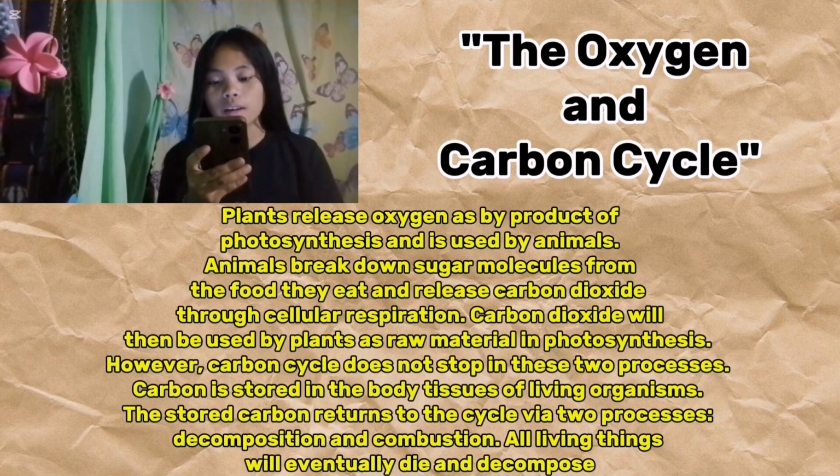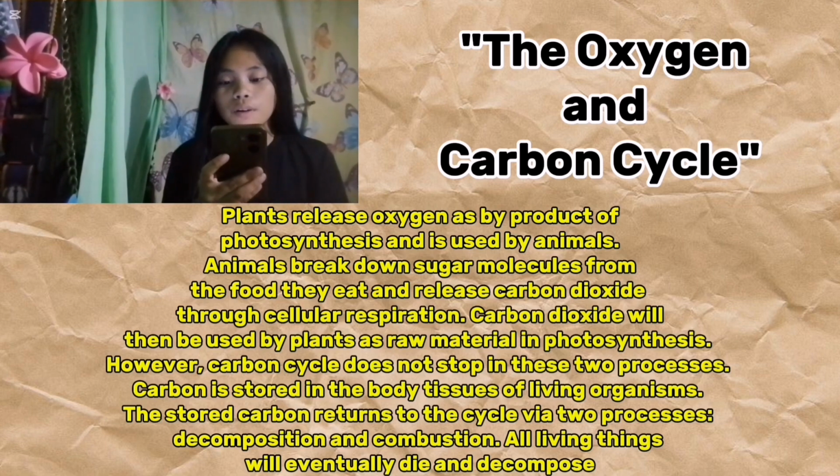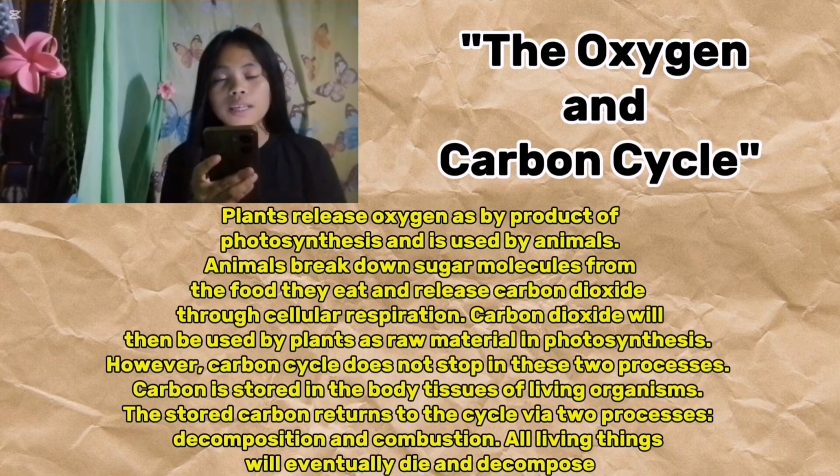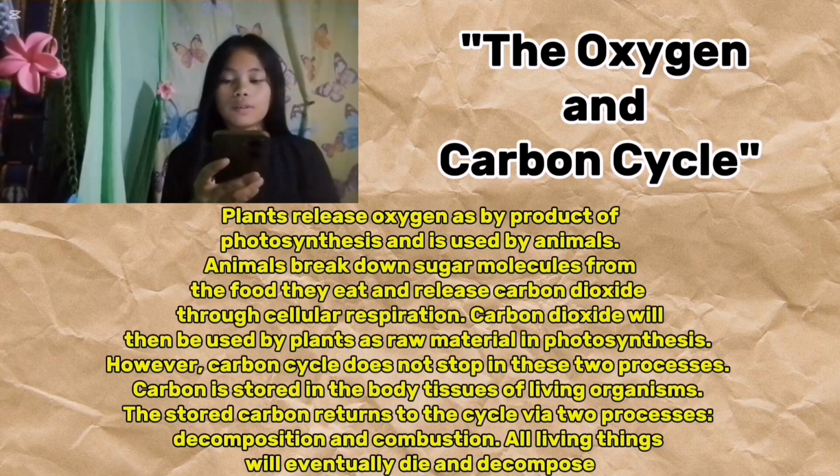However, the carbon cycle does not stop in these two processes. Carbon is stored in the body tissues of living organisms. The stored carbon returns to the cycle via two processes: decomposition and combustion. All living things will eventually die and decompose.